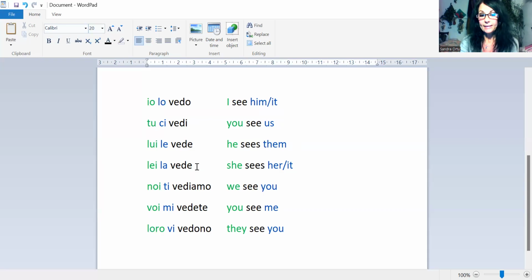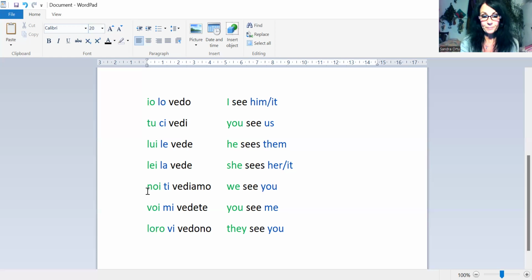Here, lei la vede, she sees her, or it, if in Italian the object is an inanimate object, not a person. So she sees her or she sees it.